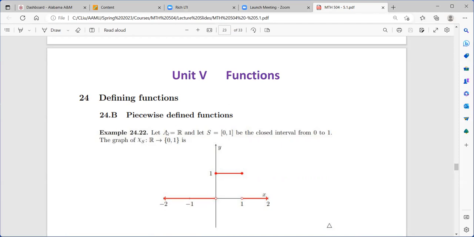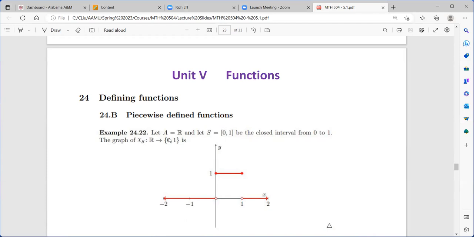So that's a subset of A. What is the graph of chi sub S, which is from R to the set {0, 1}?